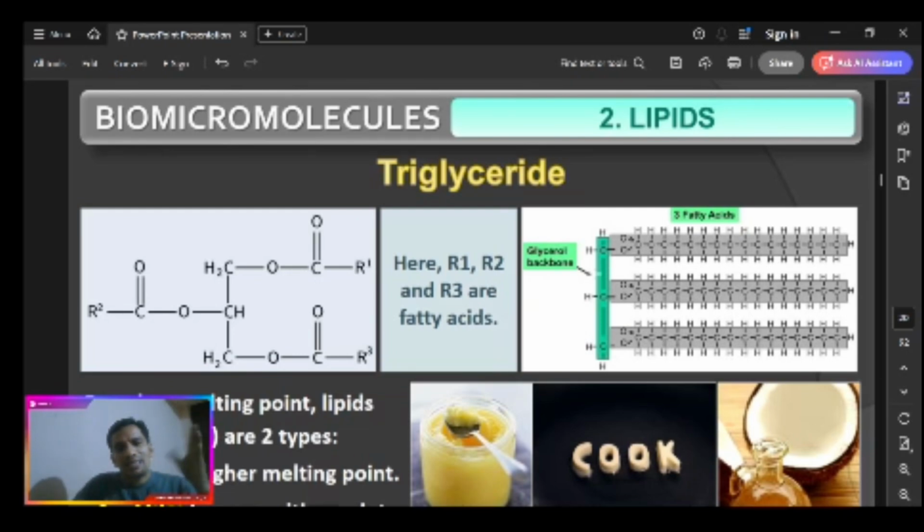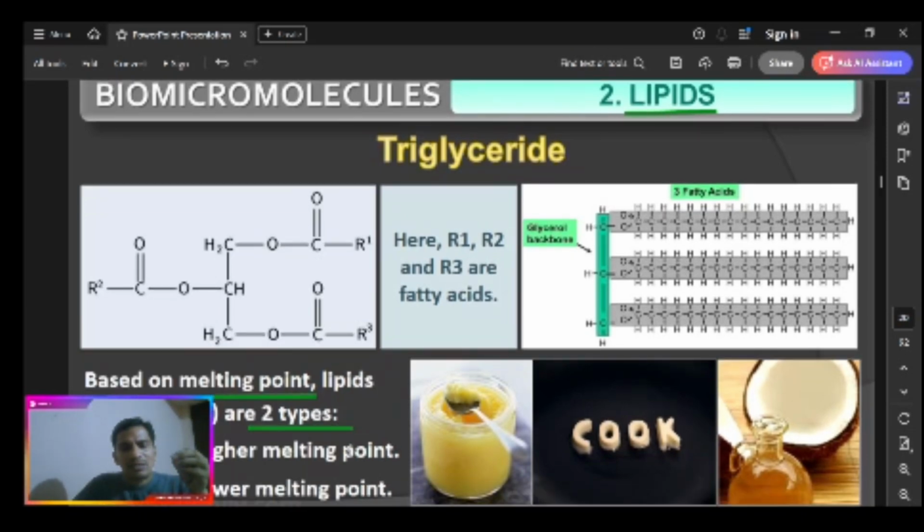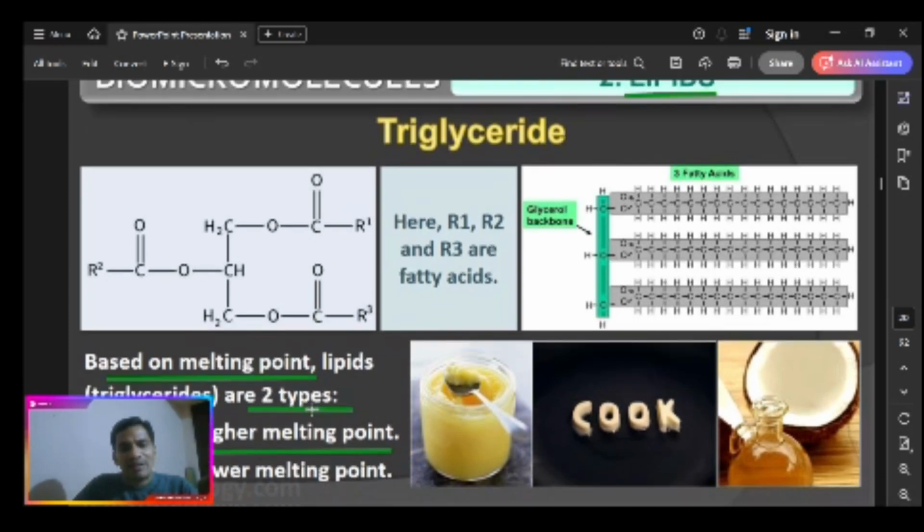What is the difference between fats and oils? Based on melting point, triglycerides are of two types. One is fat, the other is oil.